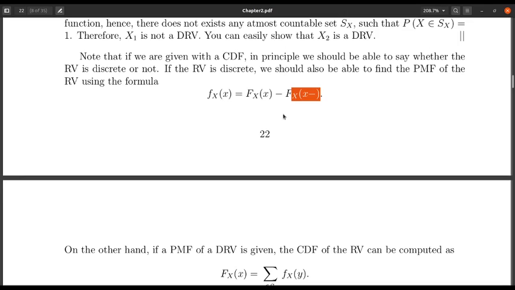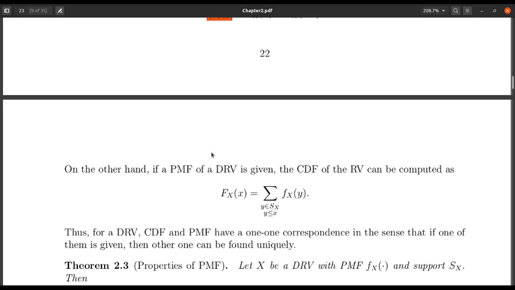So given the cumulative distribution function of a discrete random variable, I will be able to find the probability mass function, or PMF. On the other hand, if I am given a PMF, then the corresponding random variable has to be a discrete random variable.